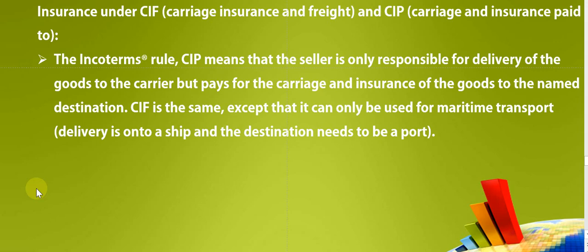Delivery is onto a ship and the destination needs to be a port. That is the difference between CIP and CIF. Also, the C term is based on the arrival port, the arrival site, not the departing site.